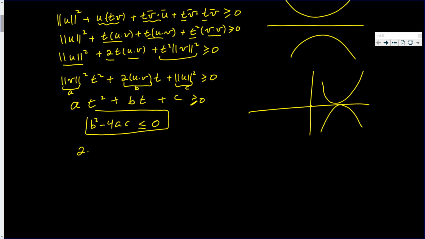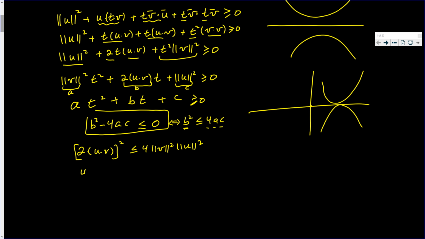b is 2 times u dot v. So that's b squared. This is the same as b squared being less than or equal to 4ac. I prefer to use that. So I wrote down b squared, and that's going to be less than or equal to 4 times a, the length of v squared, times c, the length of u squared.